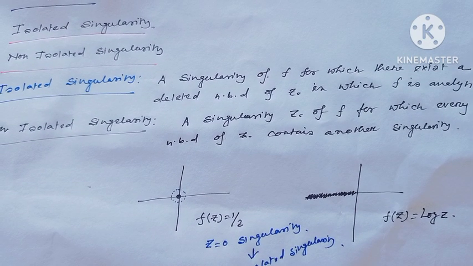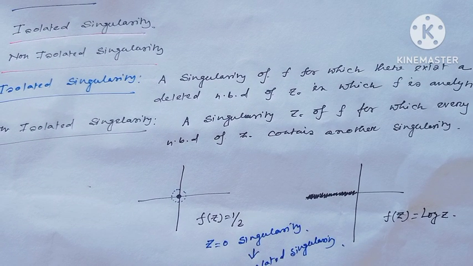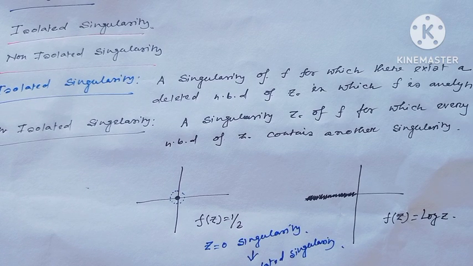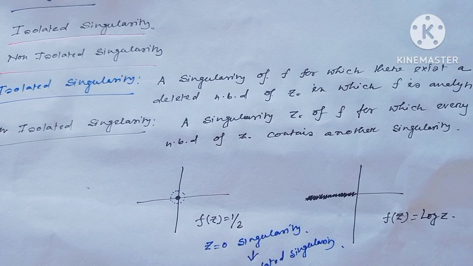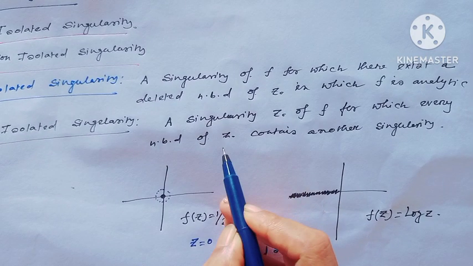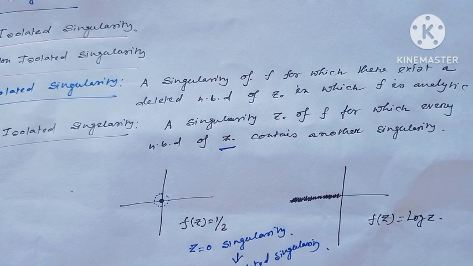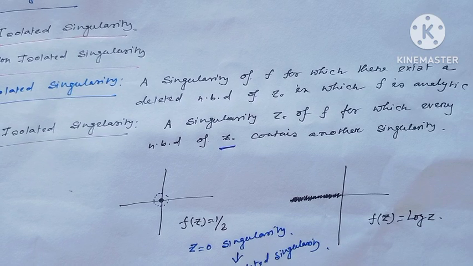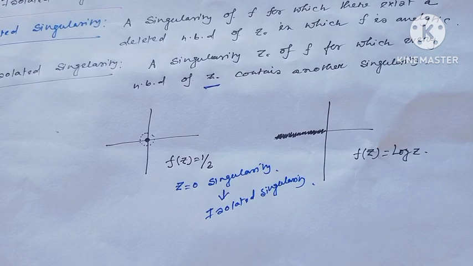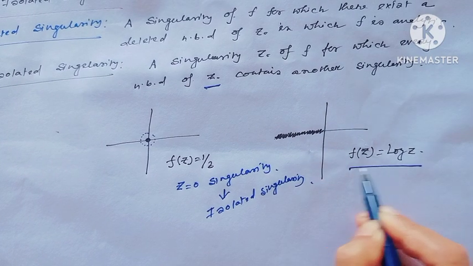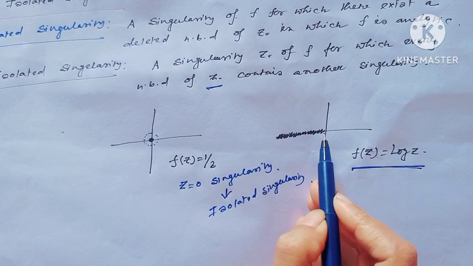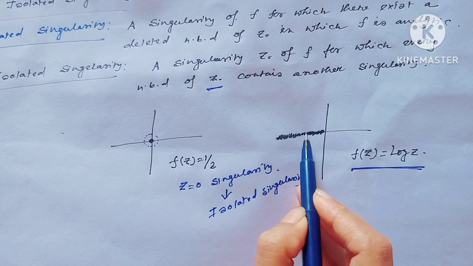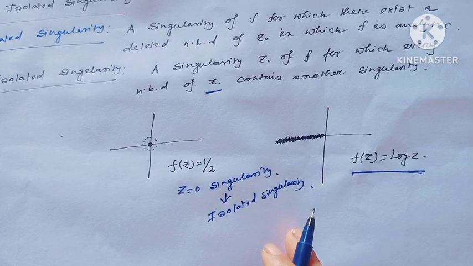Another kind is the non-isolated singularity, and a non-isolated singularity is this: a singularity z0 of the function f for which every neighborhood of z0 contains another singularity. If we consider f(z) equal to Log z, capital Log z, we all know the function is not defined on the negative real axis.